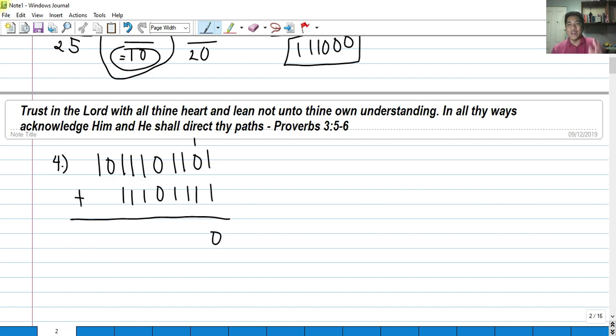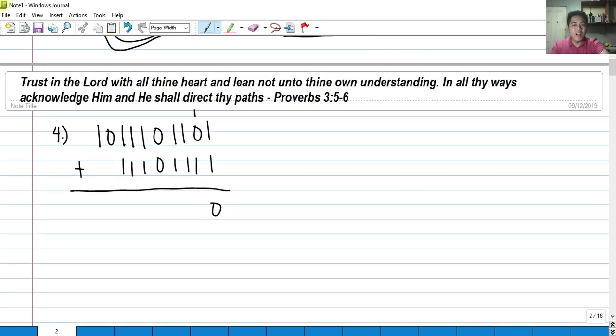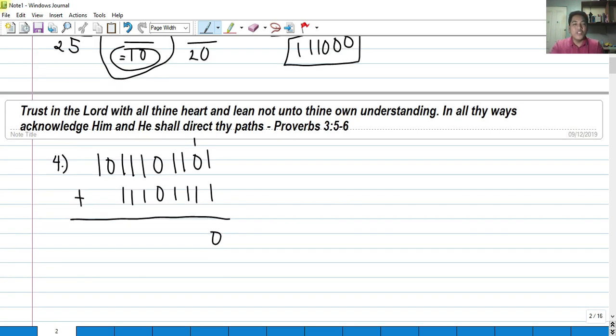No, please don't teach this to our kids, because this is a binary number system. We know that 1 plus 1 is equal to 2 in the decimal system, which is the one we teach to our little children. So we have 1 plus 1 is 0, carry 1.